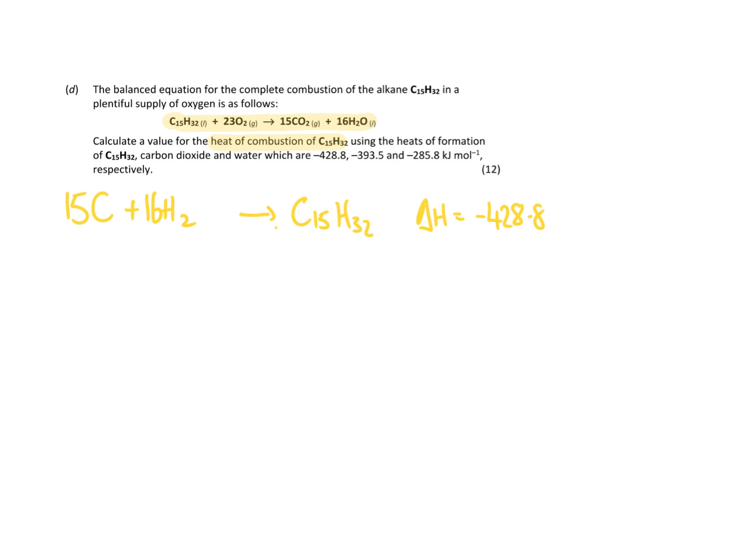The next equation that we're going to work with is the heat of formation of carbon dioxide. So how do we form carbon dioxide, which is CO2? We know that it's formed from carbon and oxygen, and that equation is balanced, so it has a heat of formation of minus 393.5. The last heat that we want to work with is the heat of formation of water. So again, how do you form water?